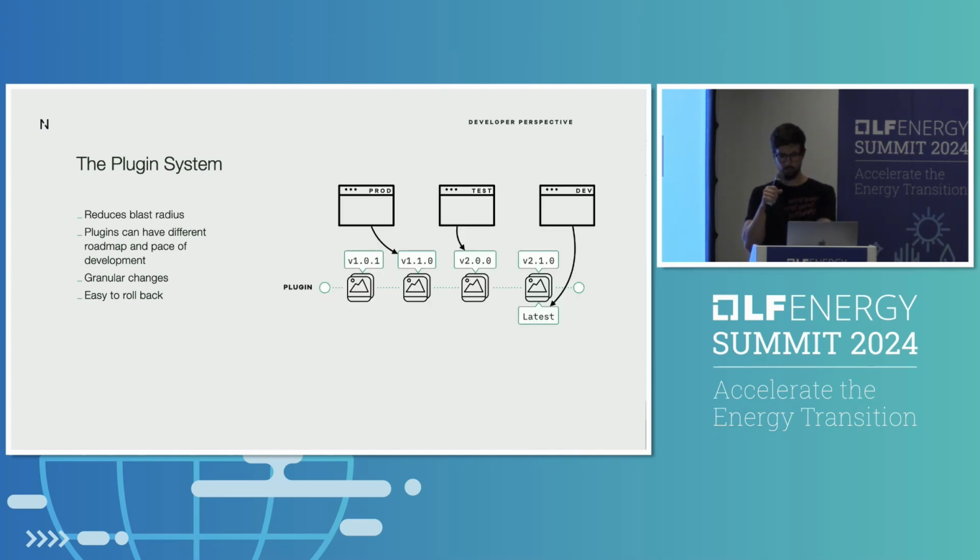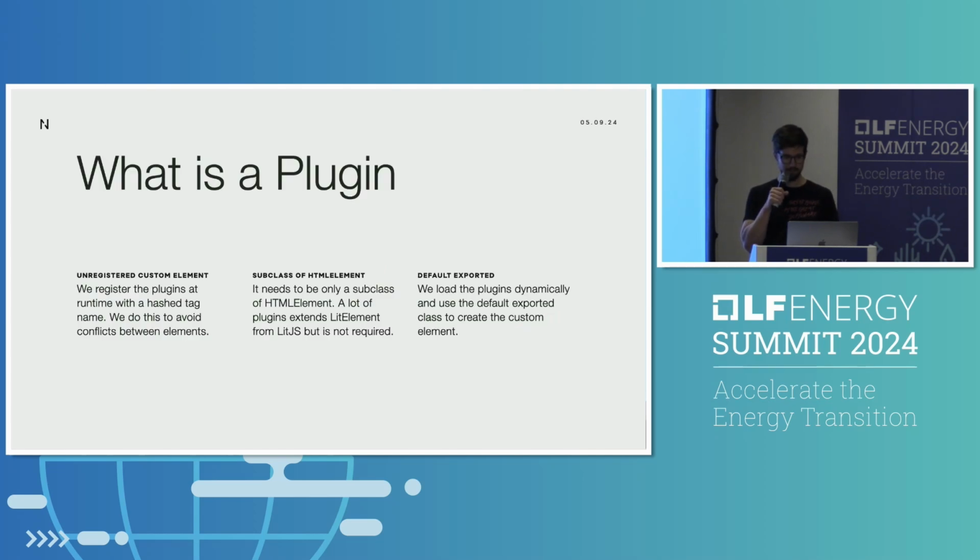Right. So we can ask what is a plugin. This is where we get maybe a bit into detail. Hopefully, I'm not going to talk too much about it. So a plugin is an unregistered custom element. It has to be a subclass of HTMLElement, and it's default exported.